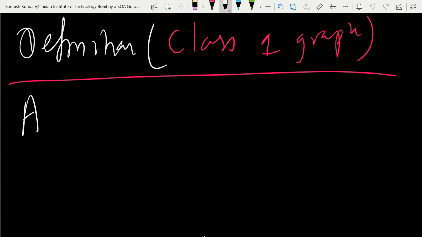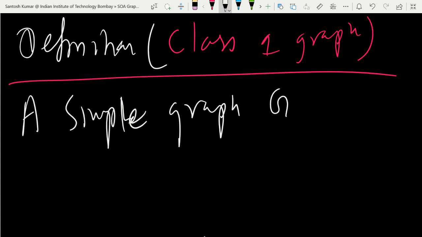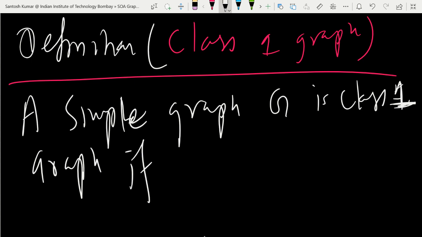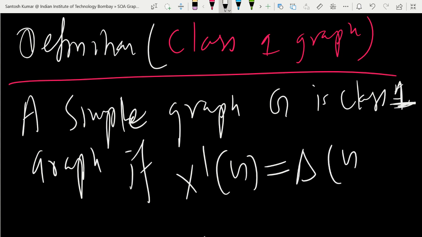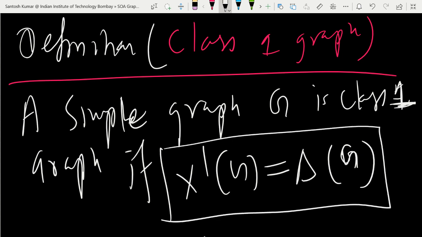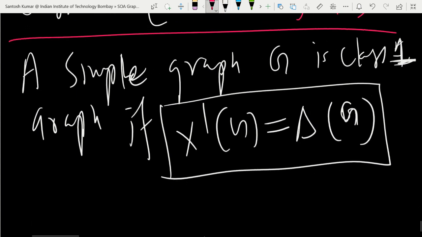The definition is: a simple graph G is class 1 if chi dash G is equal to delta G. So if a graph holds this condition, it is a class 1 graph, and that is a simple graph.